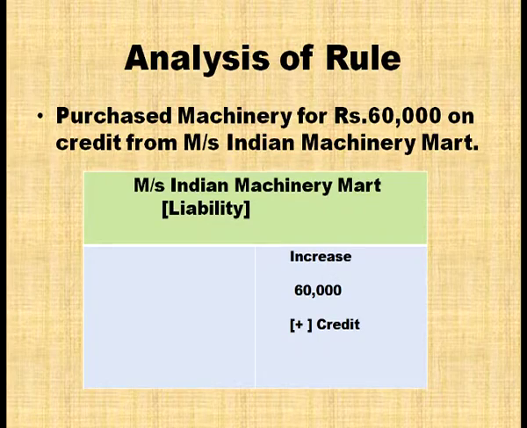Another transaction. Two affected accounts are machinery account and Messrs Indian Machinery Mart. Machinery being an asset, it is increased. So, machinery account is debited. Messrs Indian Machinery Mart, creditor, liability increases. Rule for liability, when it is increased, it is credited.